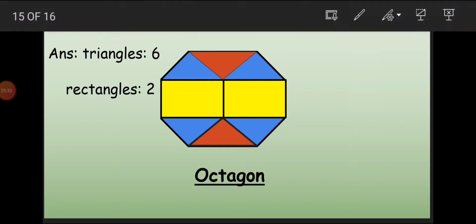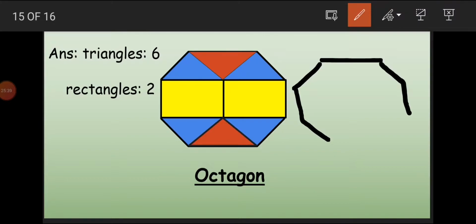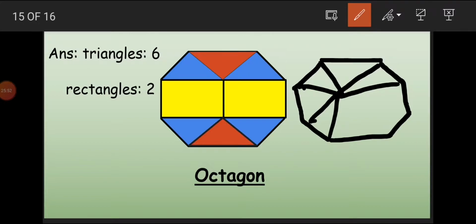It's an octagon. Let me draw one more octagon here, and I will tell you one more pattern. I made triangles, and then all triangles. Is it possible?